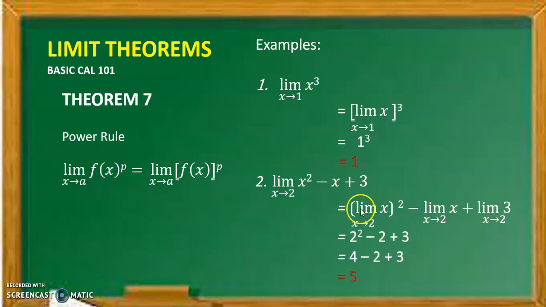So, the limit of this is 2, since its exponent is 2, we also erase the exponent 2. The limit of this is 2, with a minus. The limit of a constant is 3, plus, because plus is also here. So, by evaluating 2 raised to 2 is 4, minus 2 plus 3, and that would be equal to 5.